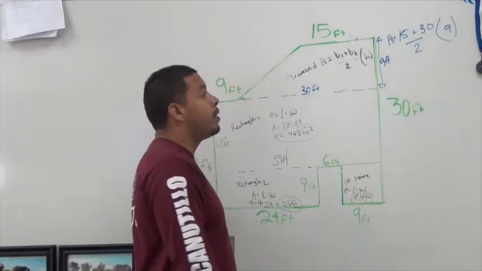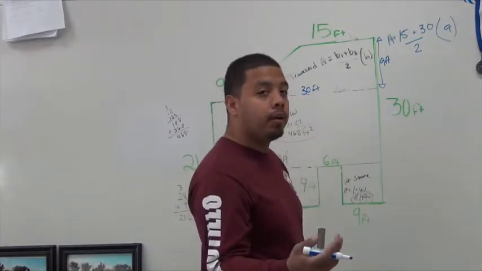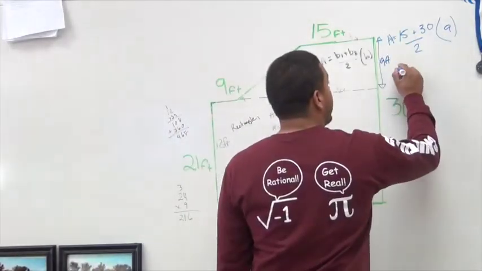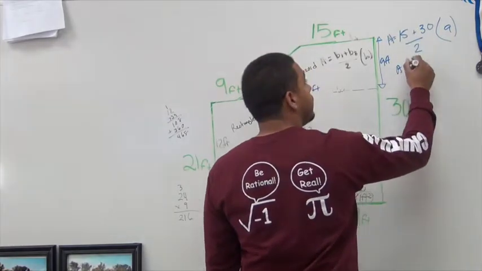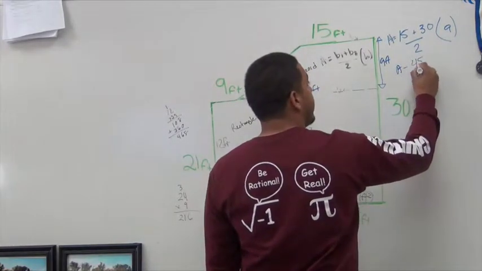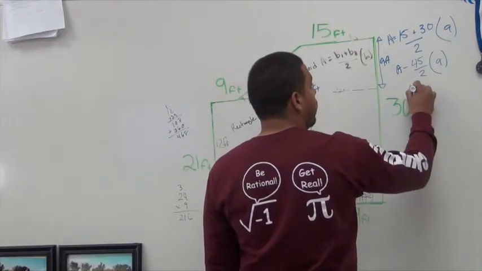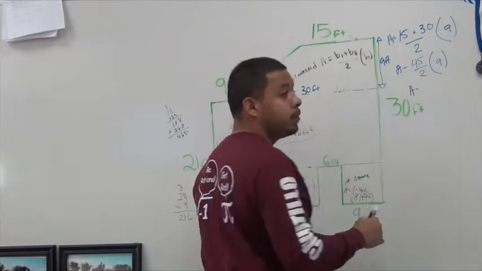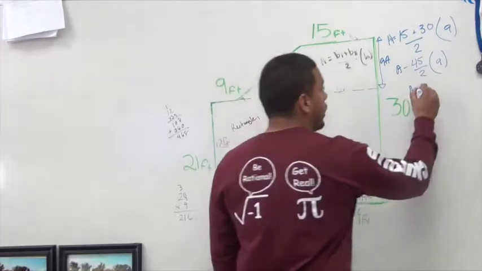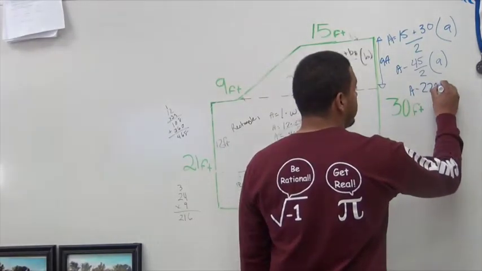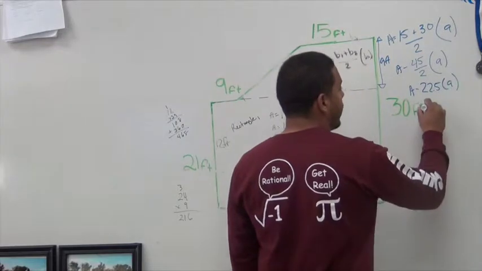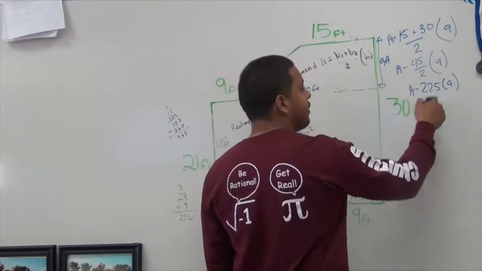Okay? So, now all I gotta do is evaluate the problem. 15 plus 30 is 45 divided by 2 times 9. Area equals 45 divided by 2, 22.5 times 9. Area equals 22.5 times 9.